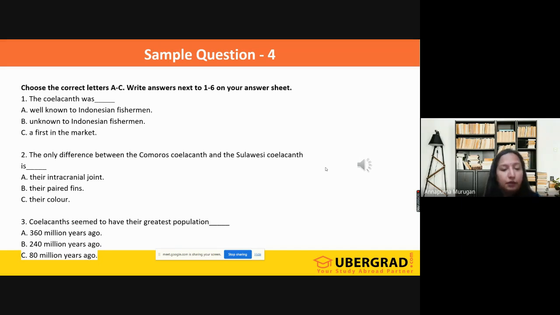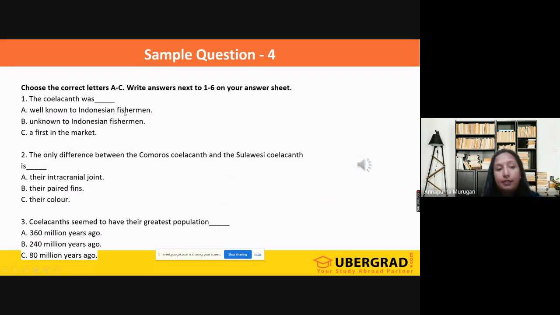This living fossil comes from a lineage of fish that was thought to have been extinct since the time of the dinosaurs. Coelacanths are known from the fossil record dating back over 360 million years and peaked in abundance about 240 million years ago. Before 1938, they were believed to have become extinct approximately 80 million years ago, after mysteriously disappearing from the fossil record. How could the coelacanth disappear for over 80 million years and then turn up alive and well in the 20th century? Yes, guys. So now let me first discuss these things.